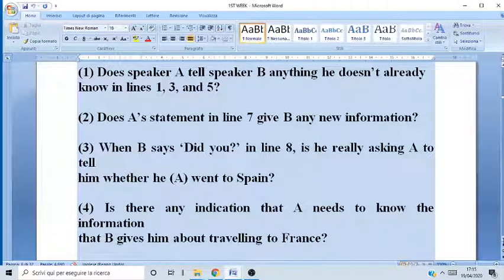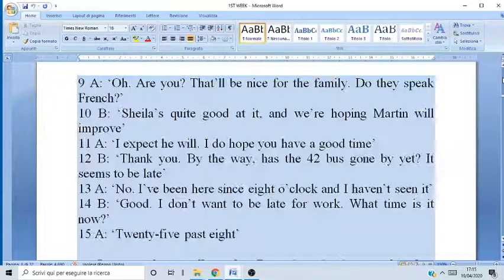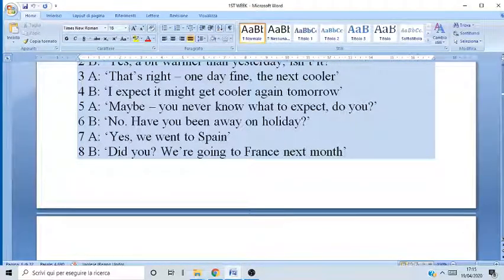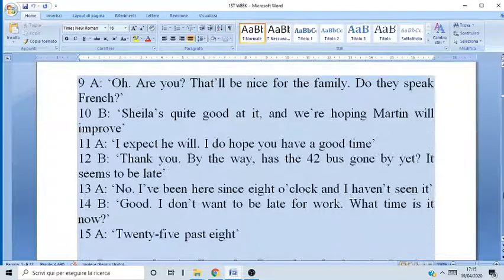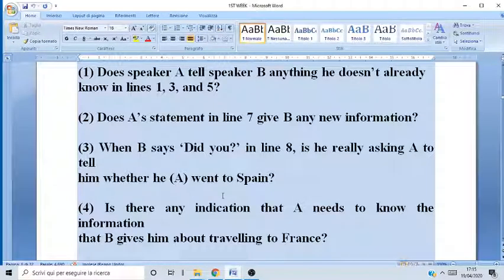Does A's statement in line 7 give B any new information? Question 3. When B says, "Did you," in line 8, is he really asking A to tell him whether A went to Spain?